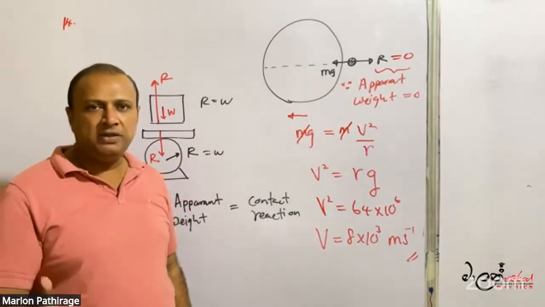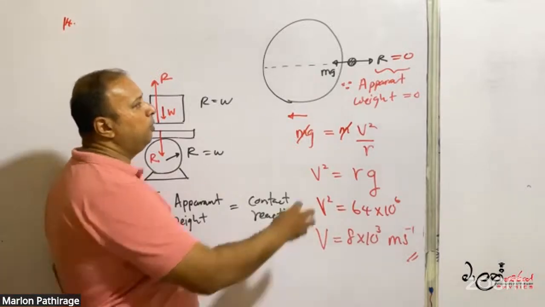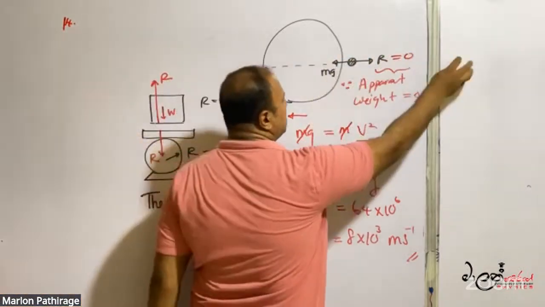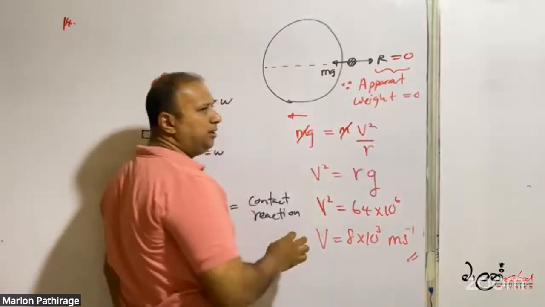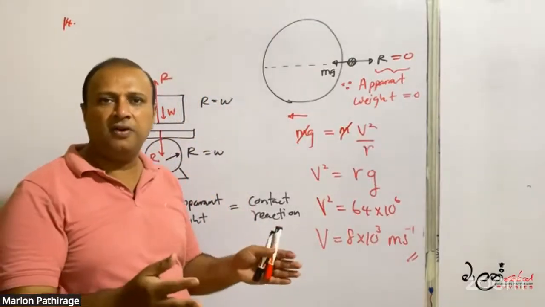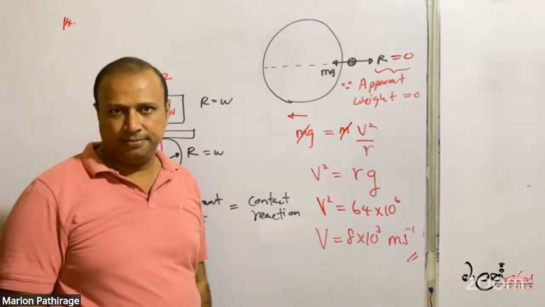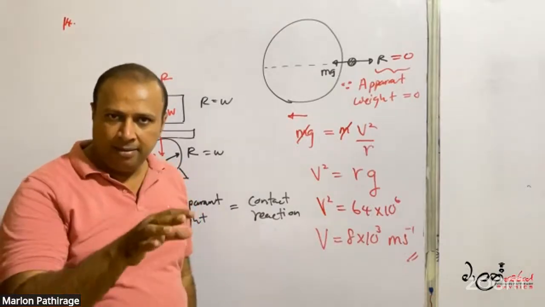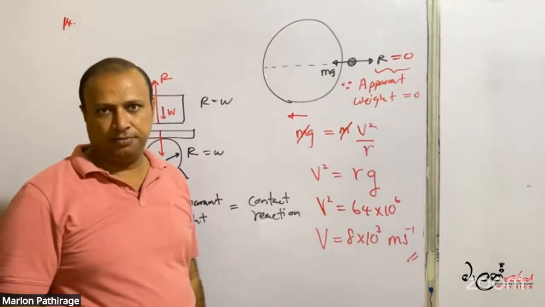Actually, that depends on the distance. If you increase the distance between the earth and the object, then the attraction force decreases. That means the weight decreases.